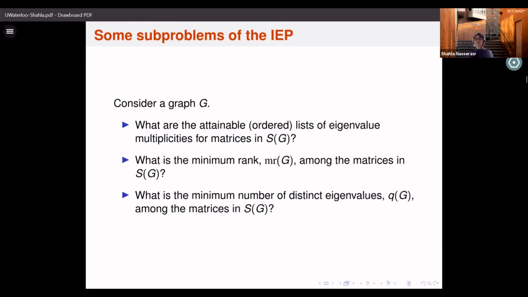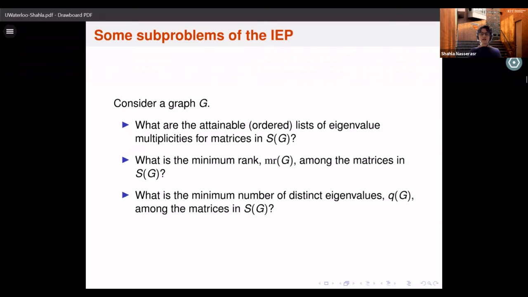One related question is the minimum rank problem, which is basically what is the minimum rank among all matrices in S of G. And when you think about the multiplicity list, we get a sequence of positive integers for every matrix. So one question could be, what is the minimum length among all those sequences?